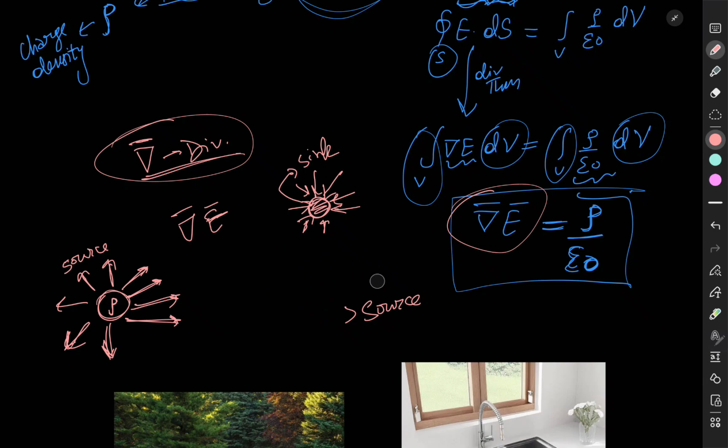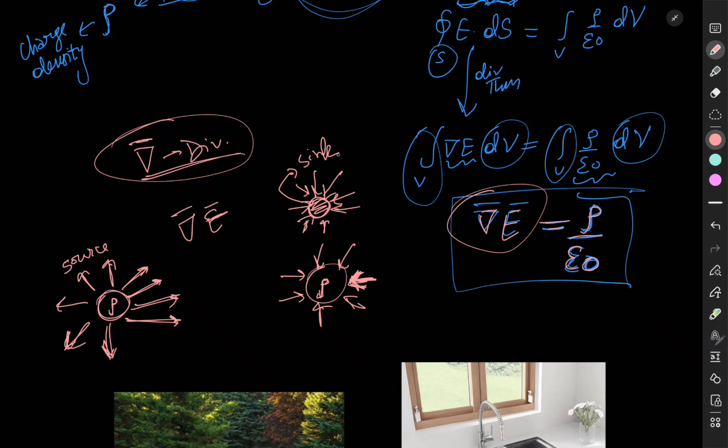Whereas in the case of a sink, where the electric field is entering in, there must be negative charges inside, and this group of charges can be represented as rho. Hence, in this case, we get that the divergence of electric field is equivalent to rho upon epsilon naught, where rho is the negative charges.